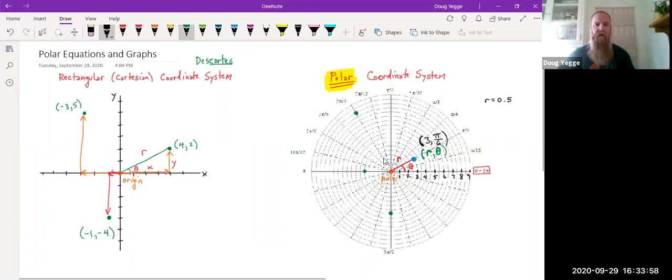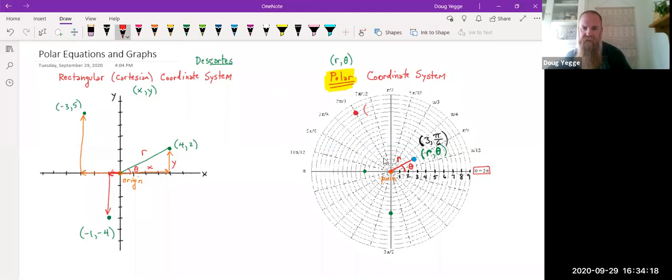So although I know that every point in the Cartesian coordinate system is going to look like x comma y, every point in the polar coordinate system is going to look like r comma theta. And so if I take a look at a different point, maybe the point up here in the 2nd quadrant, I should first of all recognize that it's at a different angle. That's obviously at an angle of 2 pi over 3.